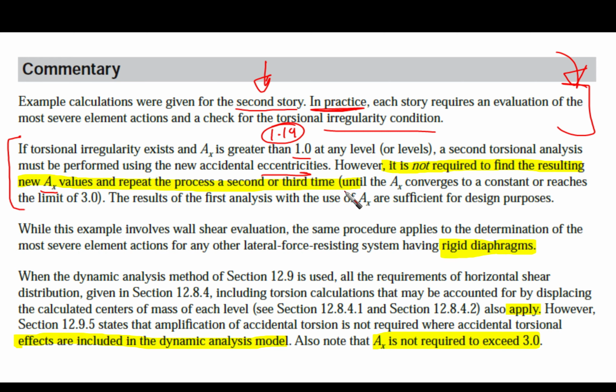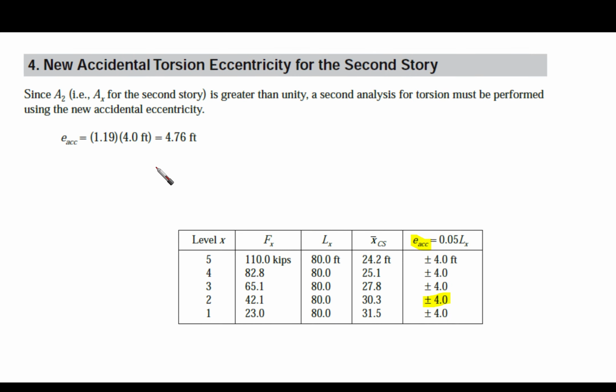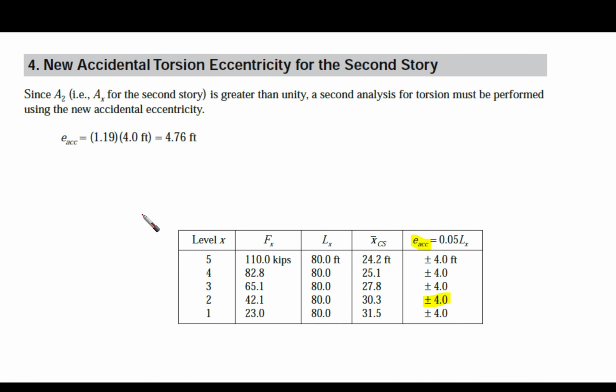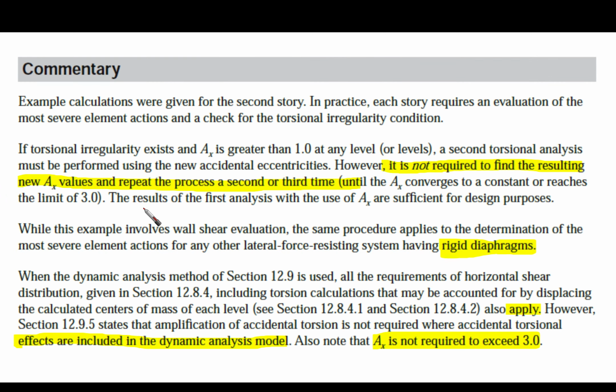Because we are going to amplify and reanalyze, there is no need to go again and calculate this AX. It's only once, not repetitive. The results of AX in this case will be sufficient for design purposes. No need to iterate.